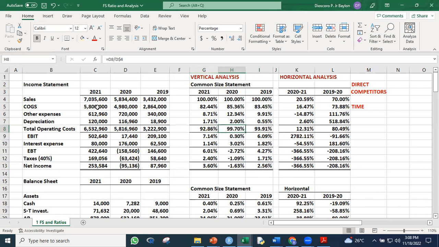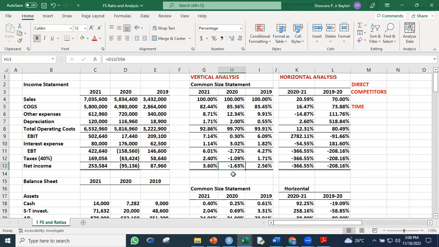Iba yung total operating cost natin noong 2019, it was just 93.91. Which means that for every 100 pesos of sales, the cost of production, the cost of coming up with the finished product, is 93.91. Going down to the bottom line, you have 2 pesos and 56 centavos for every 100 pesos of sales. Now, for 2020, there was a huge drop.